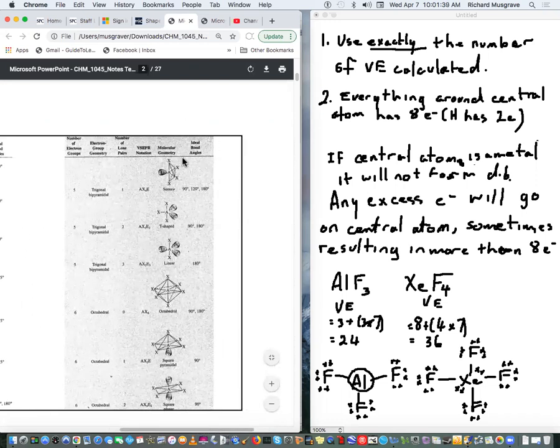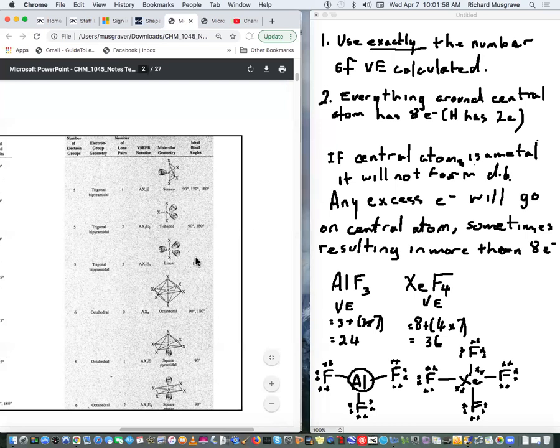If you replace one of those with a lone pair, the shape we end up with for the atoms is called a seesaw. If we take two of the atoms and replace them with lone pairs, we get T-shaped. And then if we replace all 3 with lone pairs, then we get linear.